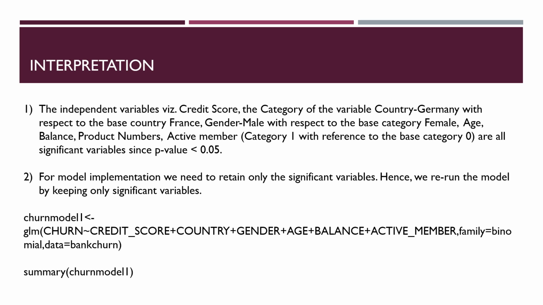The independent variables, namely the credit score, the category of the variable country which is Germany with respect to the base category France, the category of the variable gender which is male with respect to the base category female, age, balance, product numbers, and the active member category 1 with reference to the base category 0, are all significant variables since the results of the individual testing say that the p-values are less than 0.05.